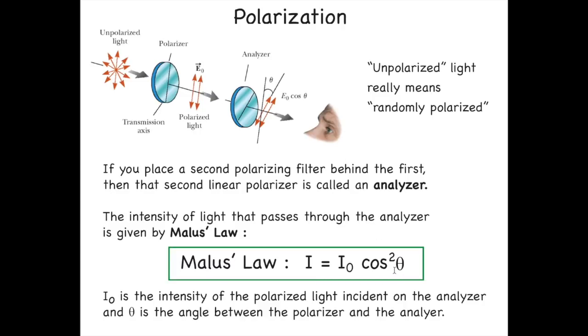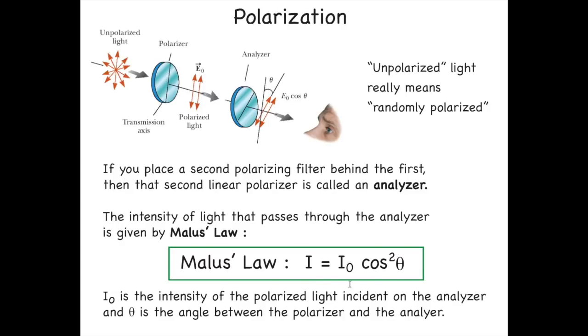Right, so this really should be a delta theta, but they call it theta, so we'll keep that notation. We want the relative angle between the polarized light and the transmission axis of the analyzer, and we take the cosine of that squared and multiply it by the initial intensity, and that's how much intensity comes out.